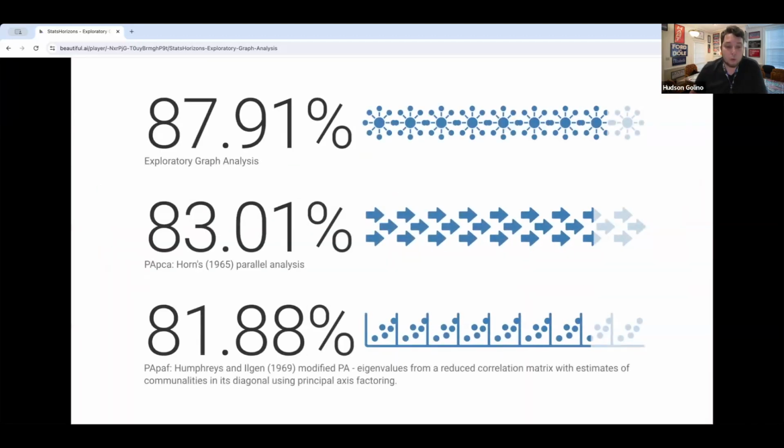What we discovered in this 2020 paper was that not only did we replicate the original results from 2017, but exploratory graph analysis had an overall accuracy higher than parallel analysis with PCA, which is John Horn's parallel analysis from 1965, but also higher than parallel analysis with principal axis factoring, the modification proposed by Humphreys and Ilgen in 1969.